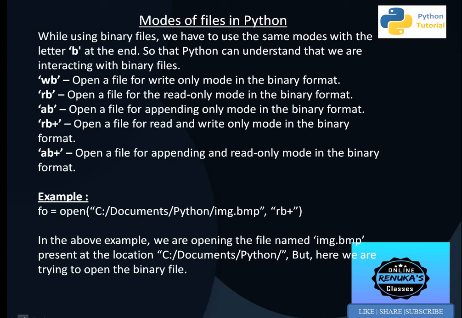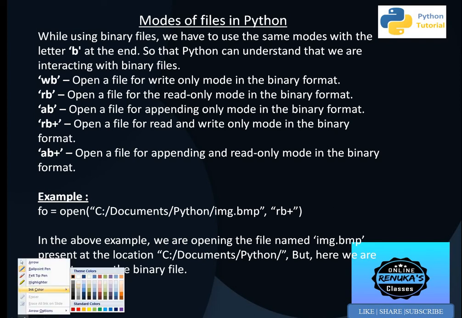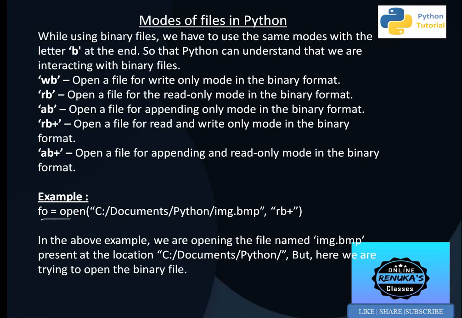So how will we open a file, what will be the statement? The statement will be fo = open. That is very similar to the text file statement, the open function and then the file object. Now here is the path and then the mode.